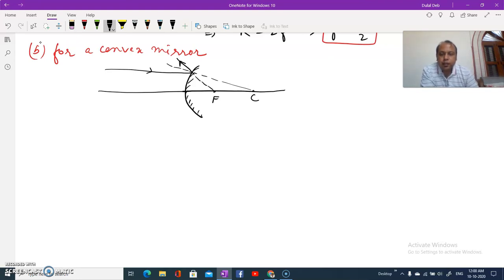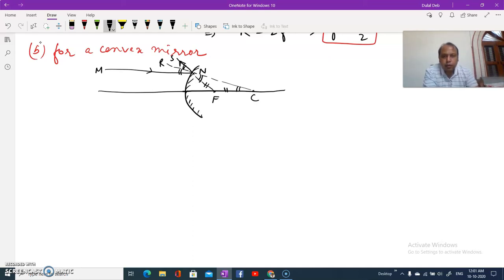Now you can see here, this is the angle of incidence, which is equal to the angle of reflection. This angle of reflection is equal to this angle, a vertically opposite angle, and this angle of incidence is equal to this angle, which is a corresponding angle. So the opposite sides are equal. Now let us give some names here. Say let this be M, this is N, let this be R, S. Any names we can give.